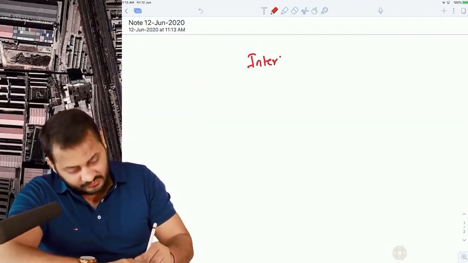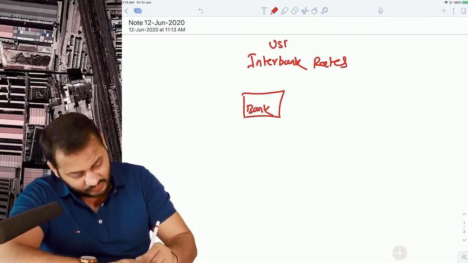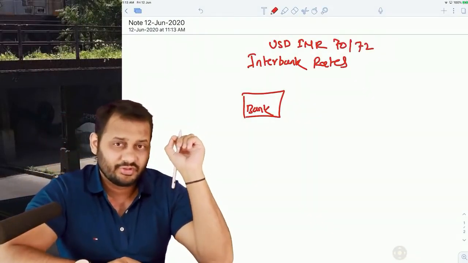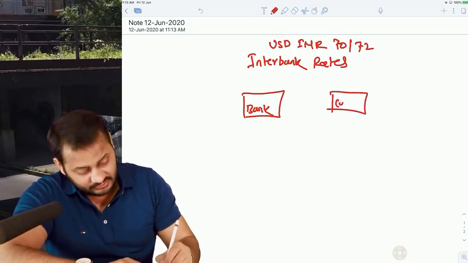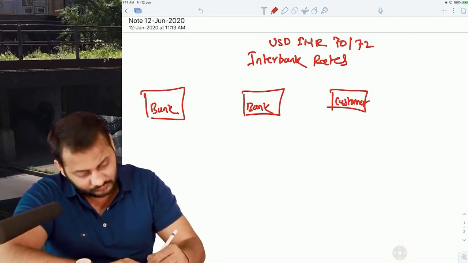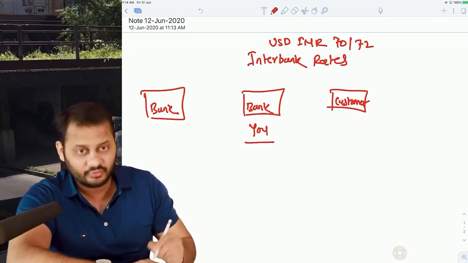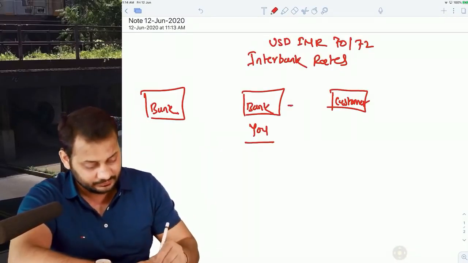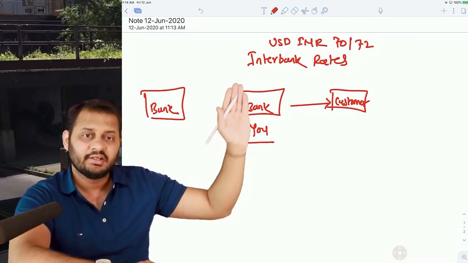If you have been given interbank rates, and this is, let's say, USD INR 70.72, and you want to make sure you do not make even a single percent mistake, then please understand: if the interbank rates are given and you are the main bank, and you have to apply these rates to the customer, then interpret these rates from your angle.